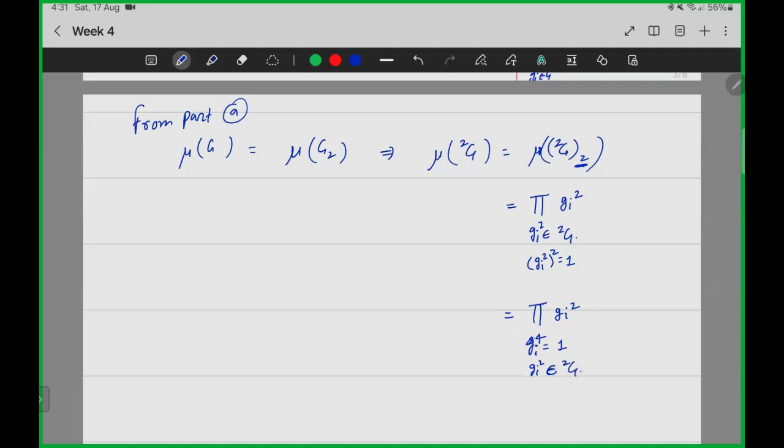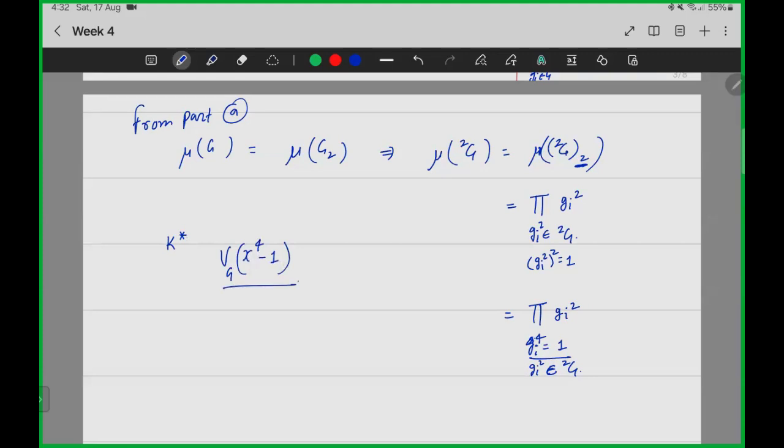With these two conditions. But in G, or in fact in k star, how large is this product? It is nothing but x power 4 minus 1, because only those gi's which satisfy this polynomial will be taking part inside this product, right?